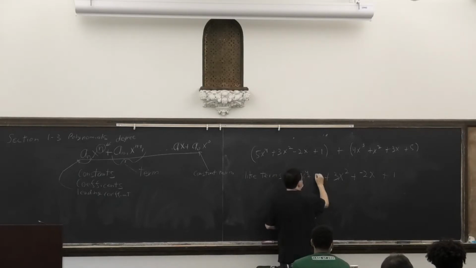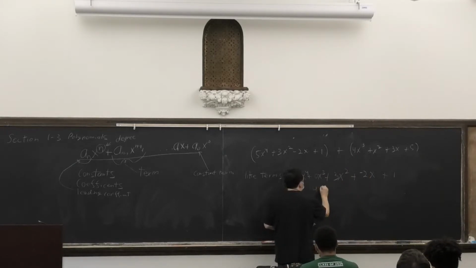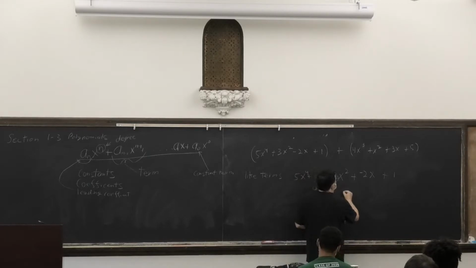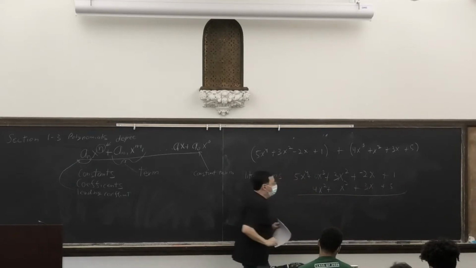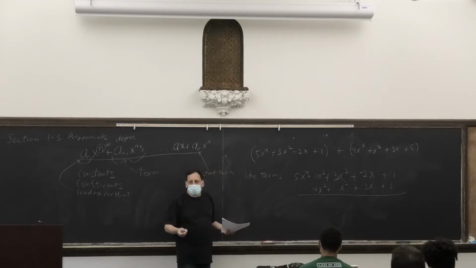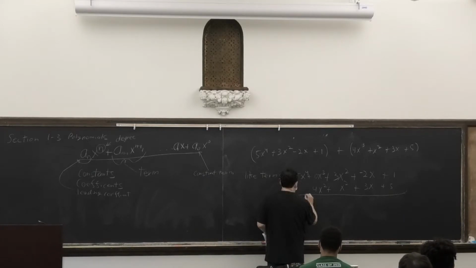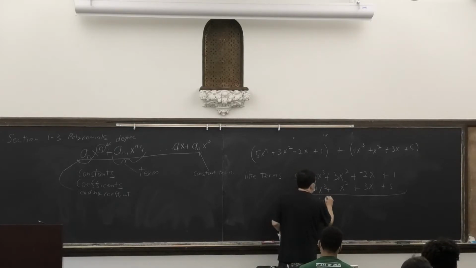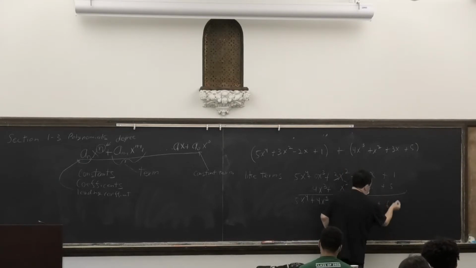And I'm going to leave a place here, 0x cubed, because I'm going to have an x cubed here. And I'm just going to write this the way I would do an addition problem. Now, I just have to carefully add the coefficients. Here 5x to the fourth, 0 plus 4 that's 4x cubed, 3 plus 1 is 4x squared, minus 2 plus 3, that's just x, plus 6.